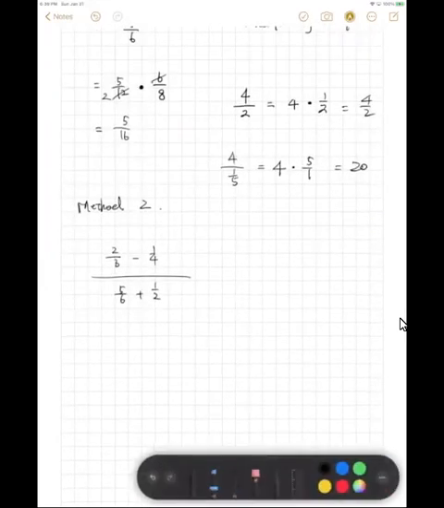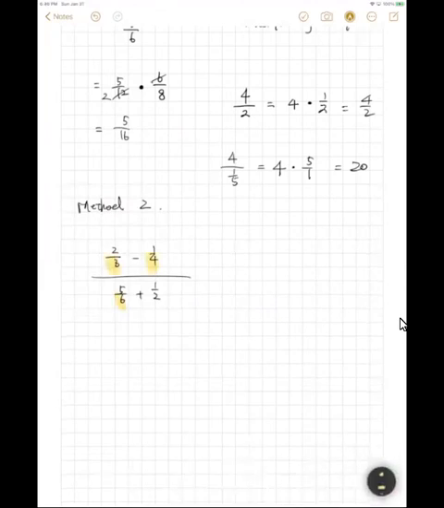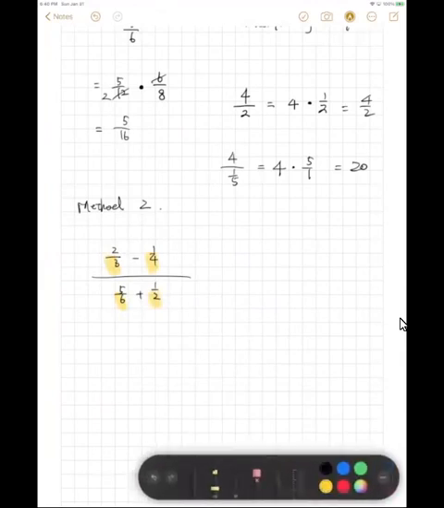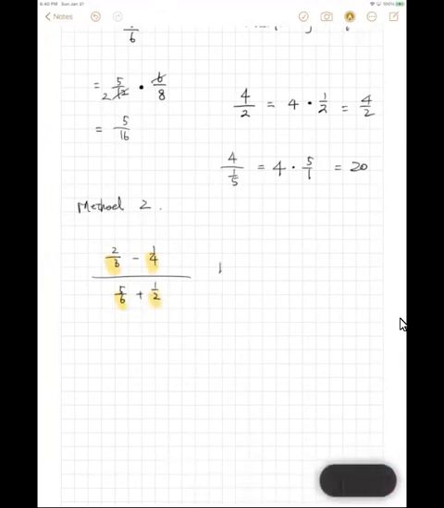So what does all the terms mean? That means all the fractions, 3, 4, 6, and 2. So the least common denominator of 3, 4, 6, 2 is 12.